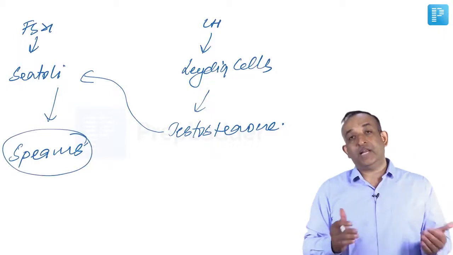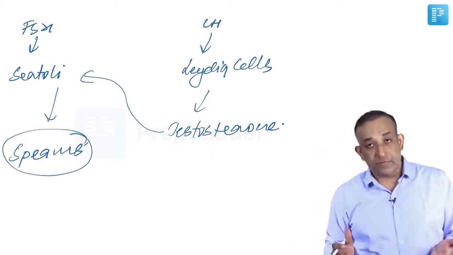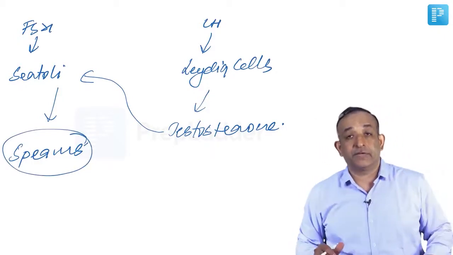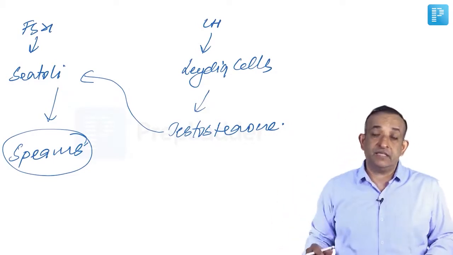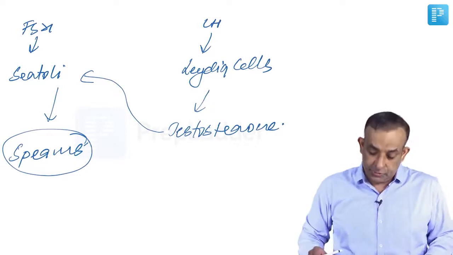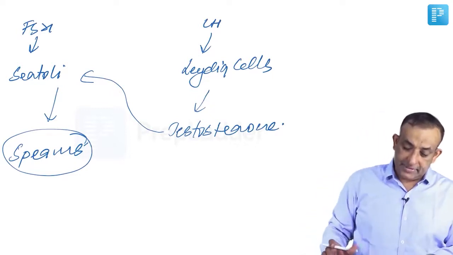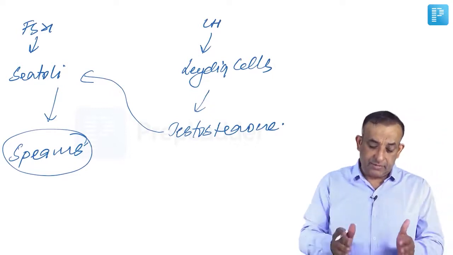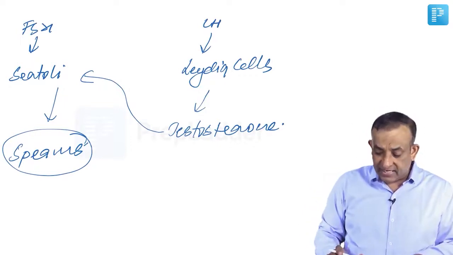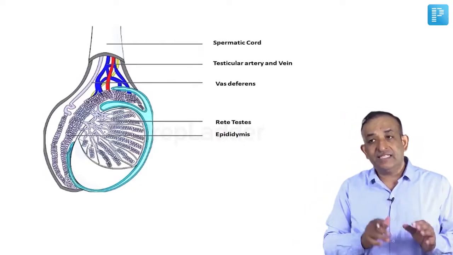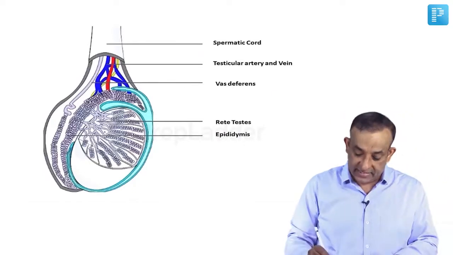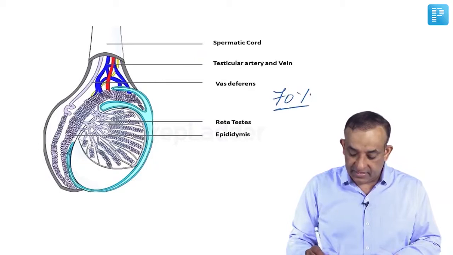The FSH will act on the Sertoli cells to make the spermatocytes, but the Sertoli cells will require the androgens which are made from the Leydig cells under the stimulation of the LH. Alright. So, this spermatogenesis which is taking place in the Sertoli cells, we must understand the Sertoli cells are present in the seminiferous tubules, and 70% of the testes is the seminiferous tubules.